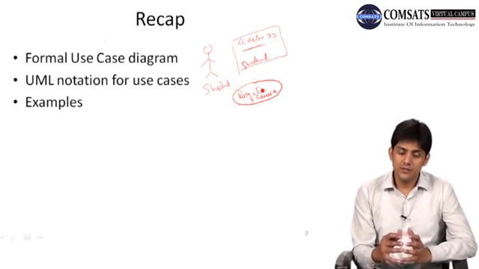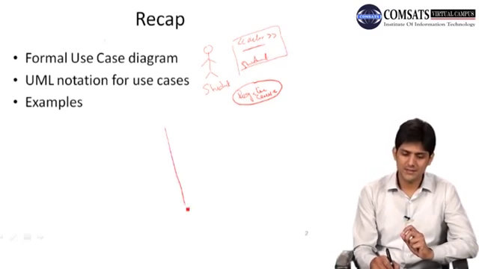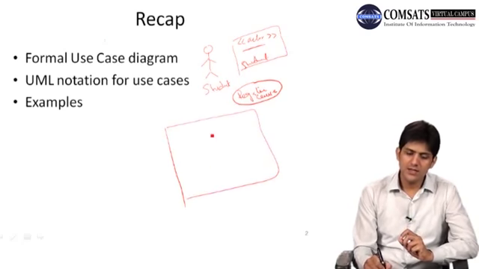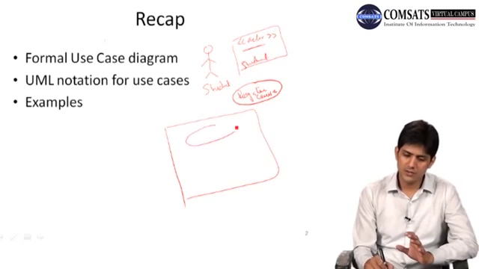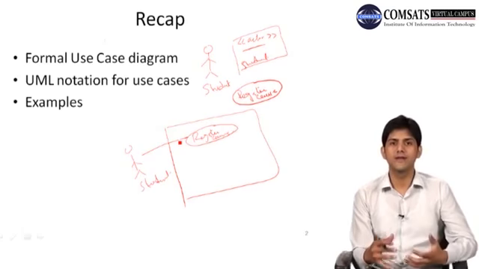And another thing we saw in the use cases is that whenever we start drawing use cases, we need to define the system boundary. The use cases are usually inside the boundary. For example, this register course use case will come inside the boundary, and the actors will be outside the boundary, and the interaction between the actor and the use case is represented by a solid line.